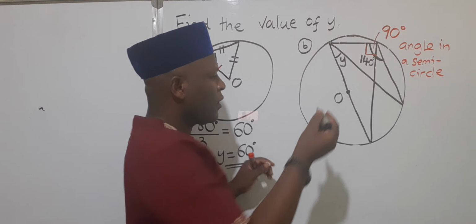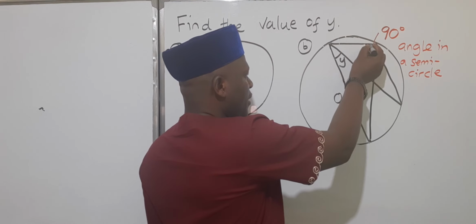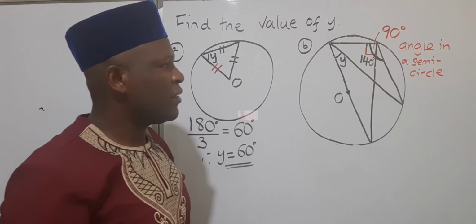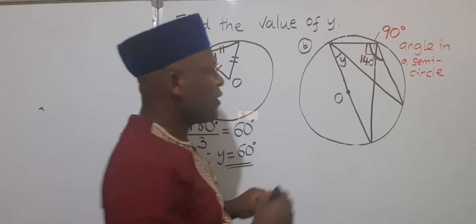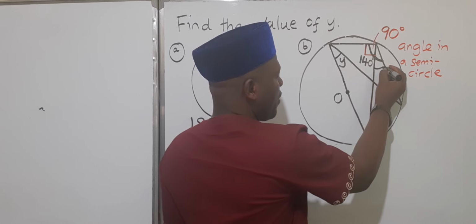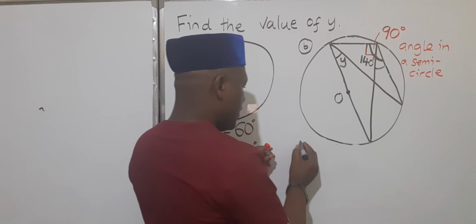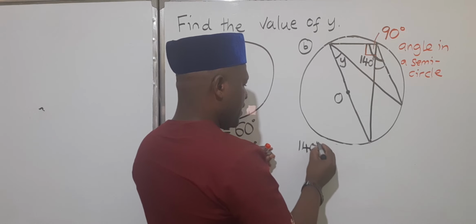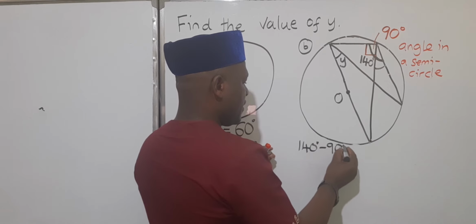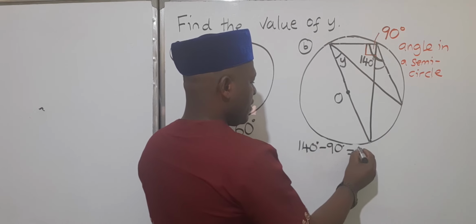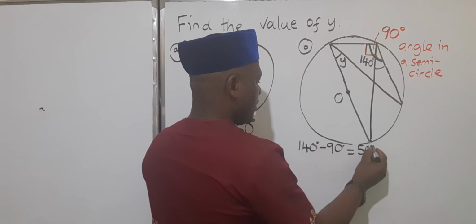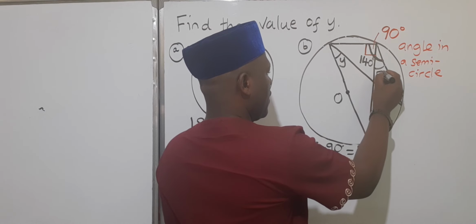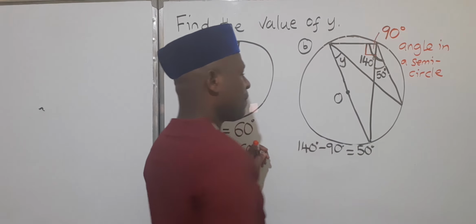Now, if we are told that this is 140 degrees, it means that for us to get this angle here, we must subtract 140 degrees minus 90 degrees, which will give us 50 degrees. This 50 degrees is for this particular angle here.